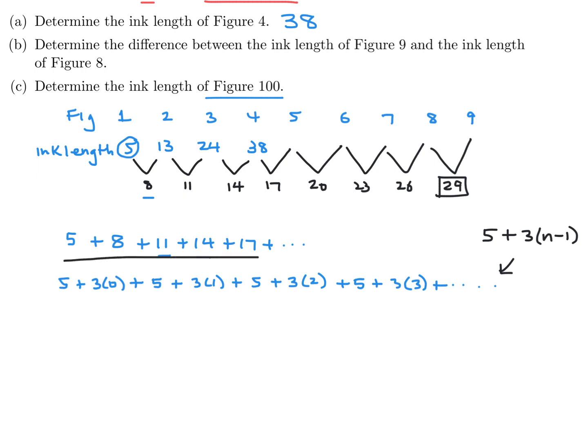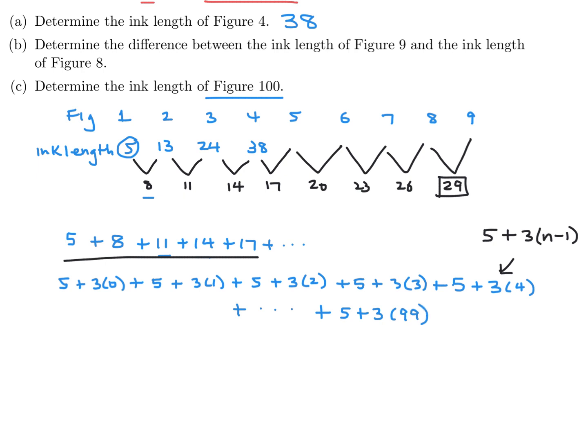So the 5th term would be 4. 1, 2, 3. Oh, I didn't put in the 5th term actually. The 17 would be a 5 plus a 3 times 4. Yeah. Okay. All right, so that's very good. So that means the 100th term would be 5 plus 3 times 99.